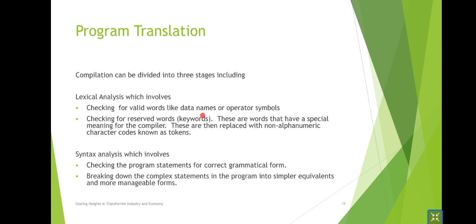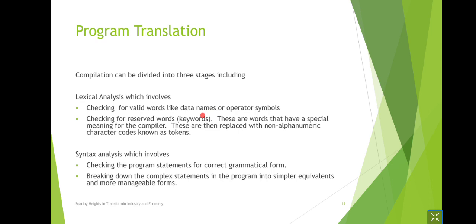Then the second part of compilation is checking the program statements for correct grammatical form. Each statement has a way through which you can do it. For example, if you want to add two numbers, we say pick number 1, add number 2. Number 1 should be in the form that has been written in the data name. Number 2 should still be the same. Then it will check whether you have followed that order. If you have, then it will accept that as a valid statement. If you have not, then it will give you an error.